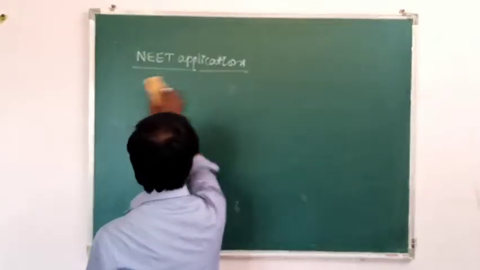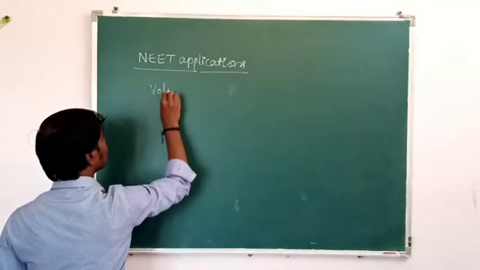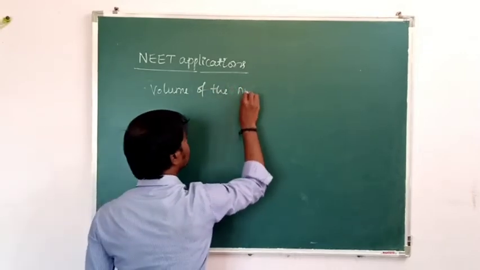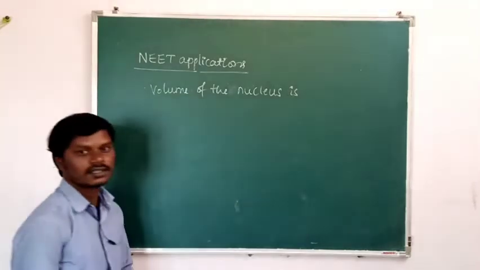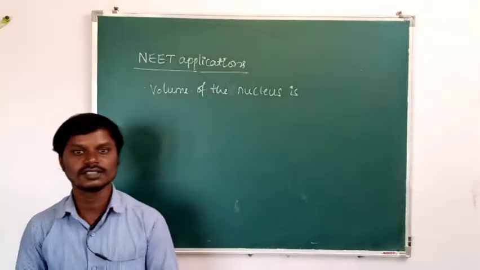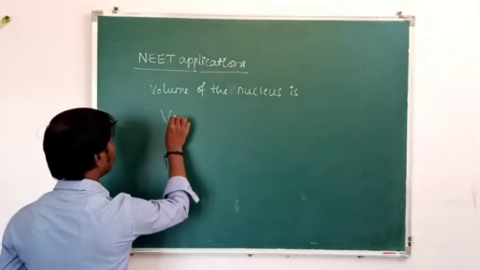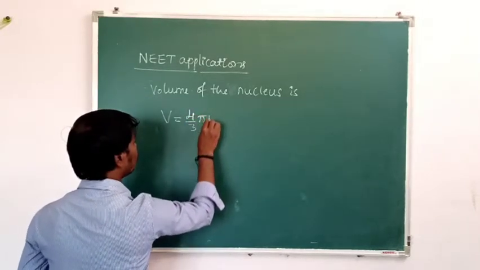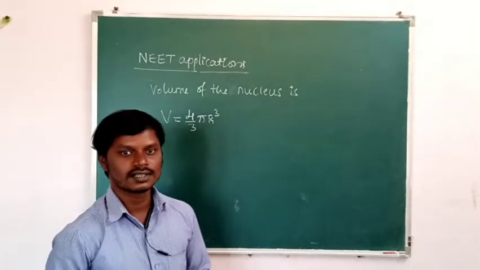So the volume of the nucleus, V, is equal to 4 by 3 pi into r cube. What is r? R is nothing but the radius of the nucleus.